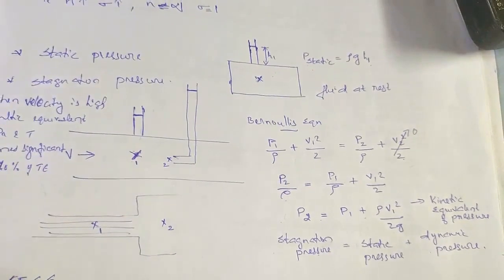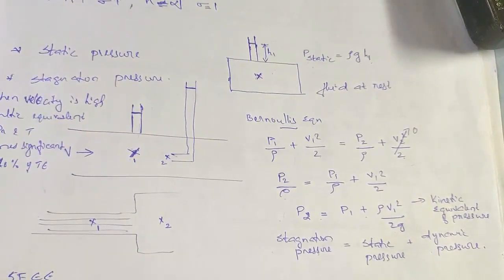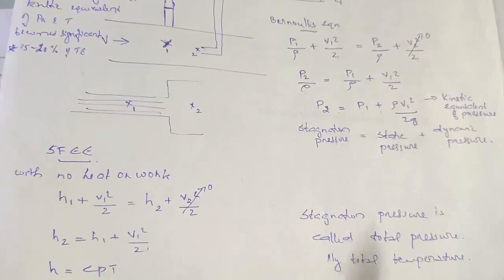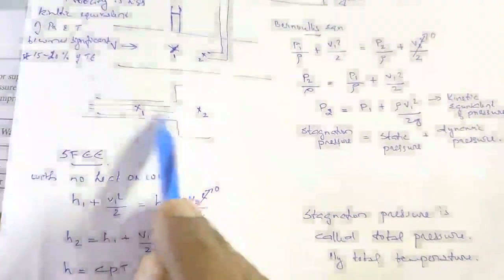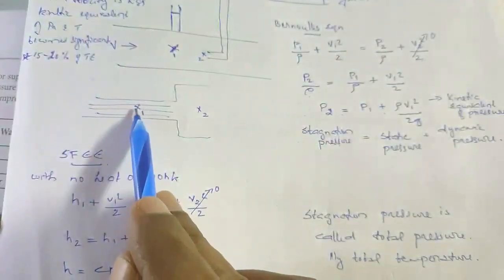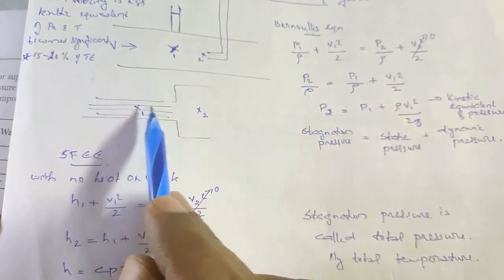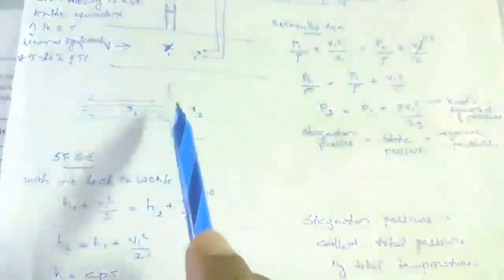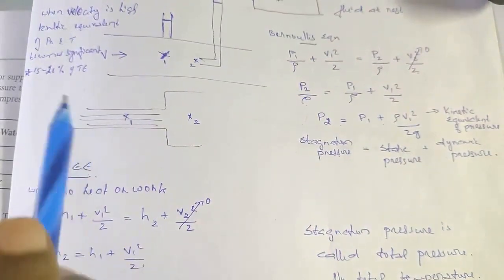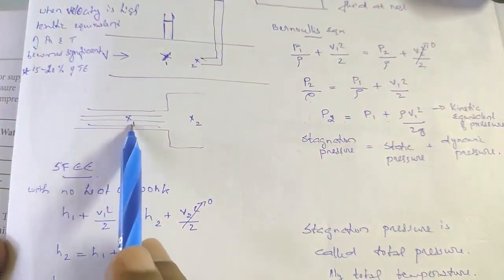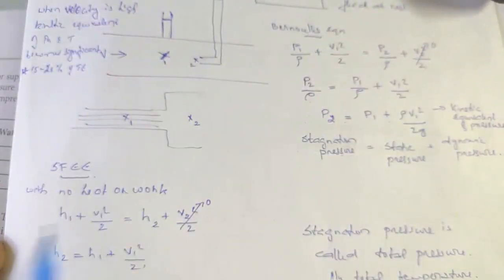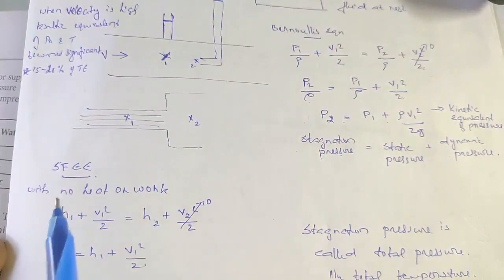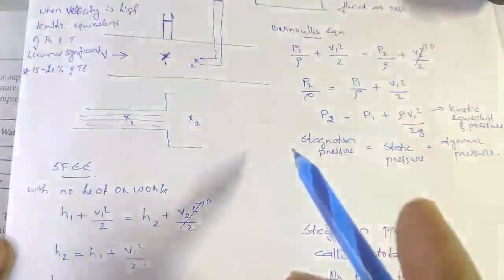Similarly, we can find out the static temperature and the stagnation temperature also. Again, the idea is the same. We are considering a stream of fluid. Let the stream have a point 1, and we are making the velocity 0 by making the passage a very divergent section. Applying the steady flow energy equation between 1 and 2, we consider that no external heat transfer or work transfer takes place.